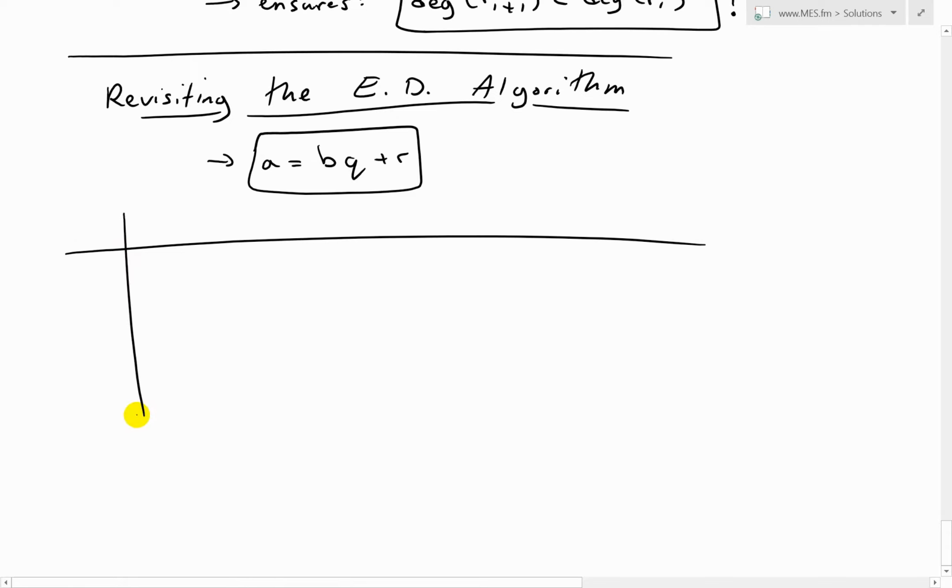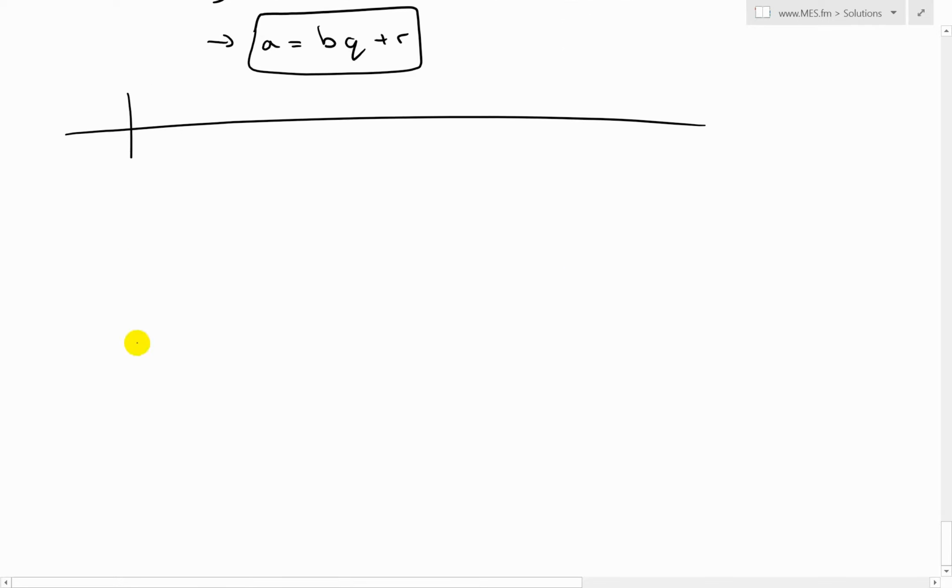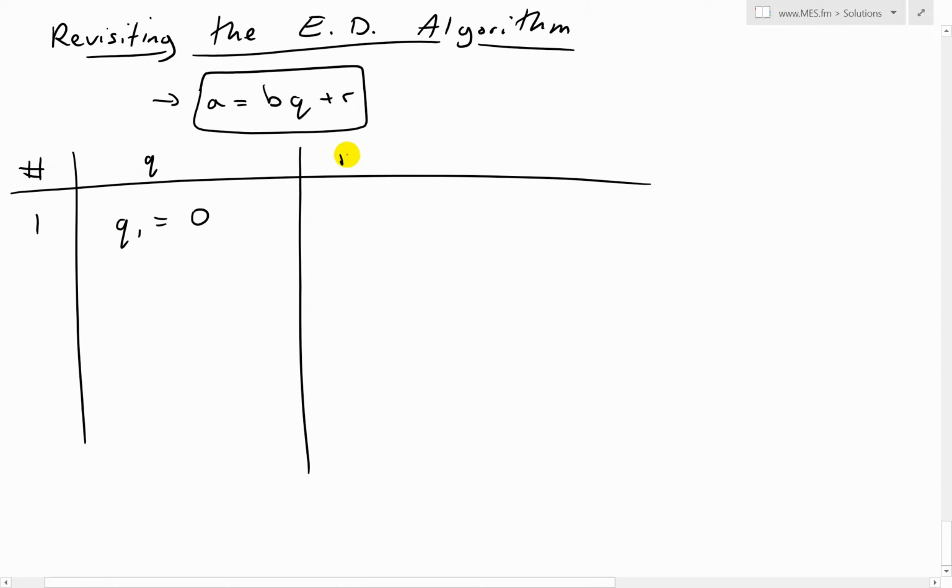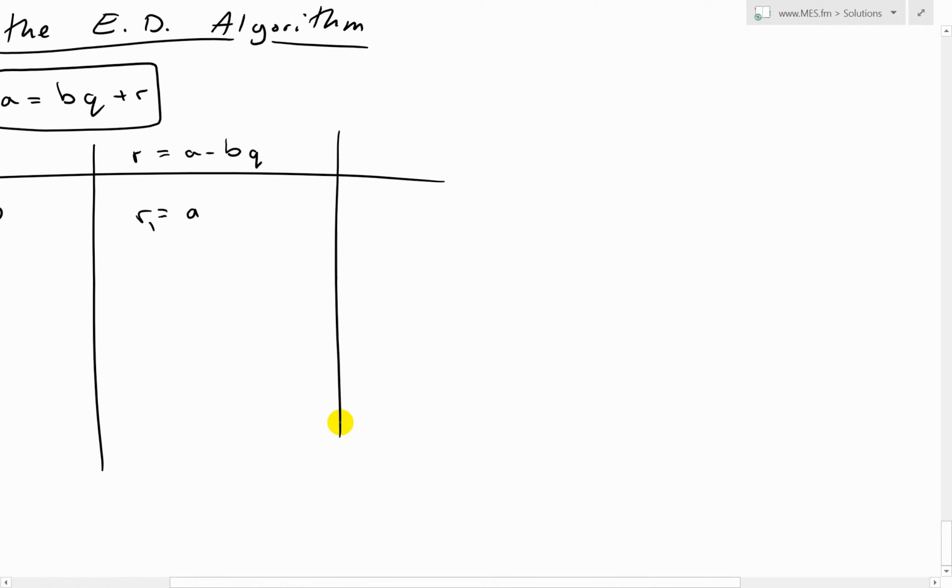I'll put this as the question, the number of the row. So we write row 1, where we have initially Q_1 equals 0. Then going further, our R is A minus BQ, and we plug in Q_1 is 0 there, so R_1 equals A. Now the question remains over here: is the degree of R less than the degree of B?